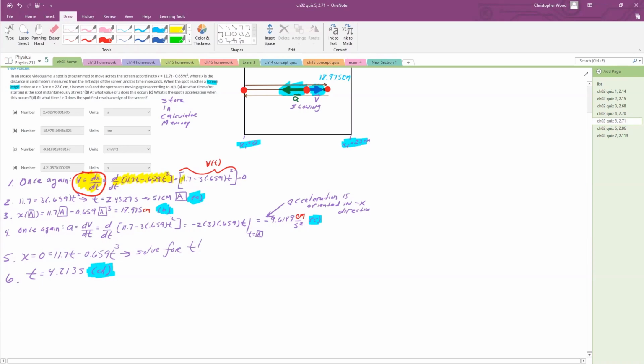So get yourself your form of this. Mine was 10.8 minus 3 multiplied by 0.650 t squared. So your spot came to rest at the square root of 10.8 divided by 3 divided by 0.65, which is 2.35 seconds and some change.